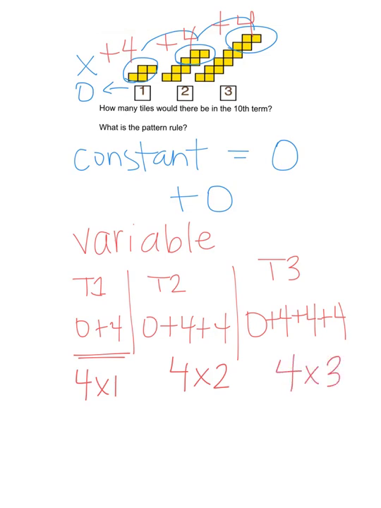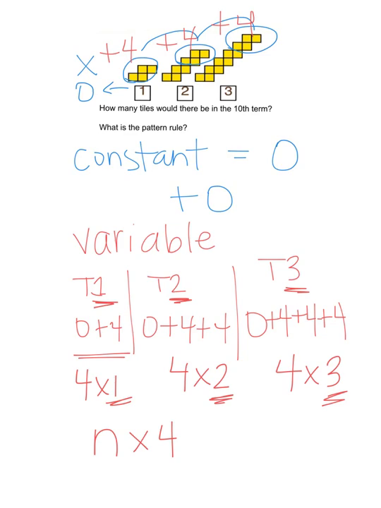Now, what you may have noticed is that 1, 2, and 3 match up with what term number they are in the pattern. Term 1, term 2, and term 3. So this helps me create what am I actually multiplying n by each time I move through a term. So I would have n times 4.